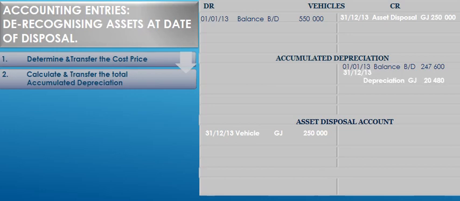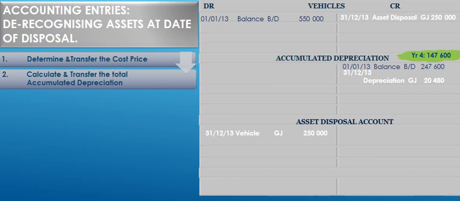We will therefore calculate the depreciation for the full period of 12 months using the diminishing balance method. We've calculated it as 20,480.